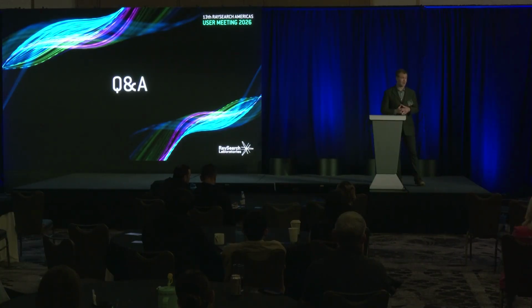It works pretty well in a few other places where we've used it, for example SRS planning where you don't want one arc to dominate the target coverage, so yeah, it works well. No, the beam-specific objectives don't drive anything new.